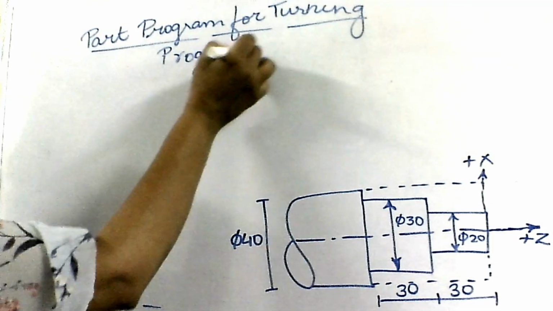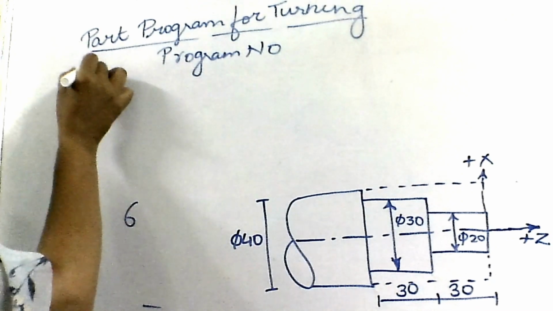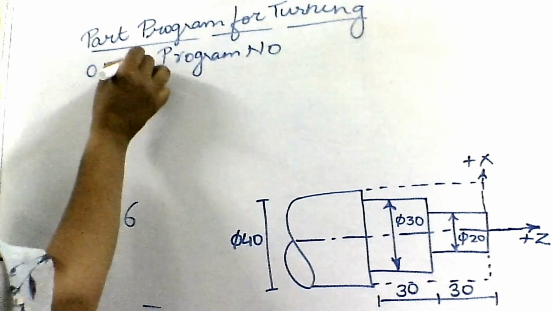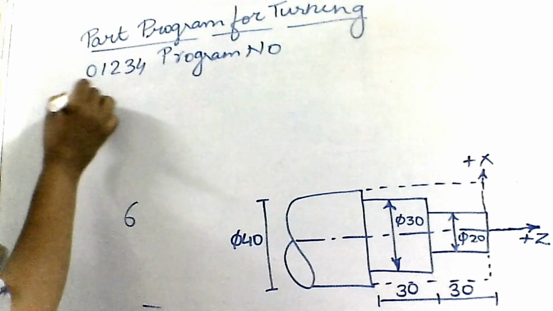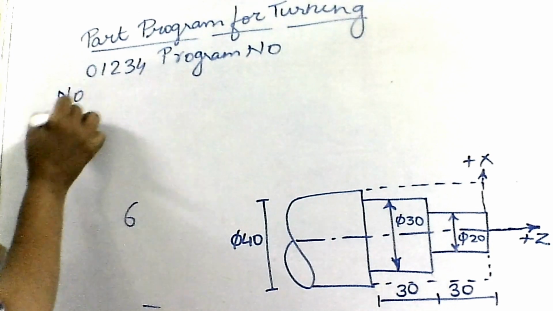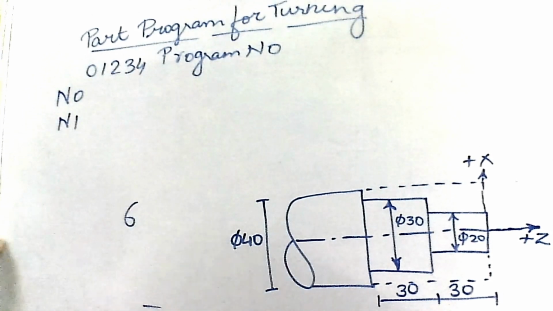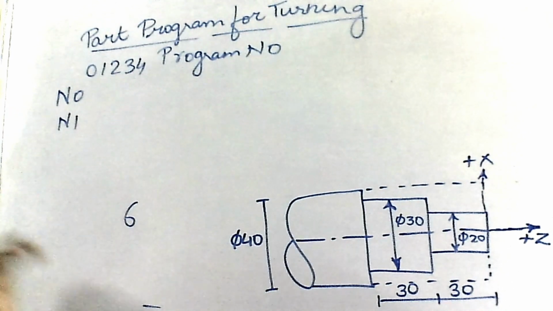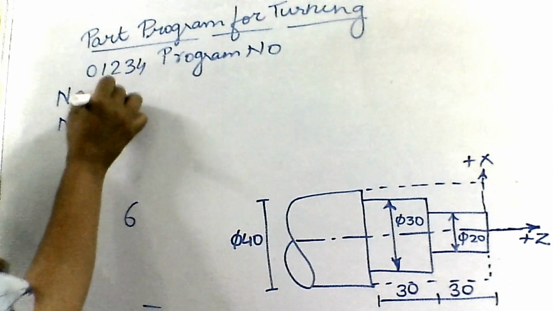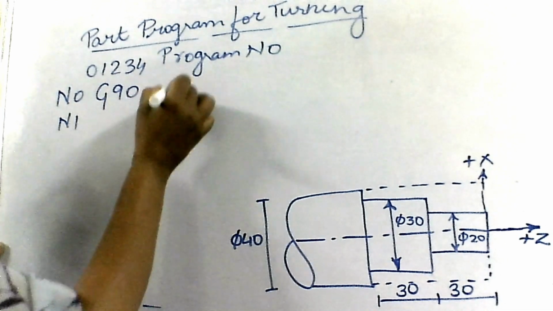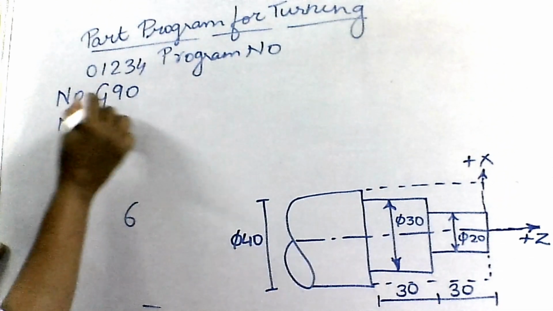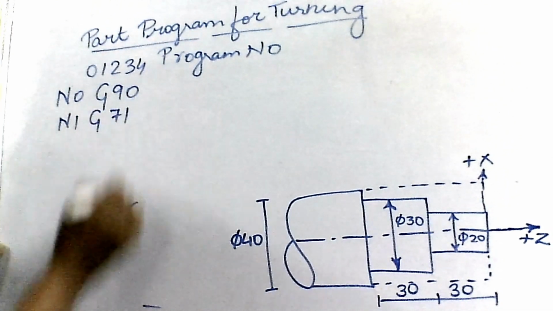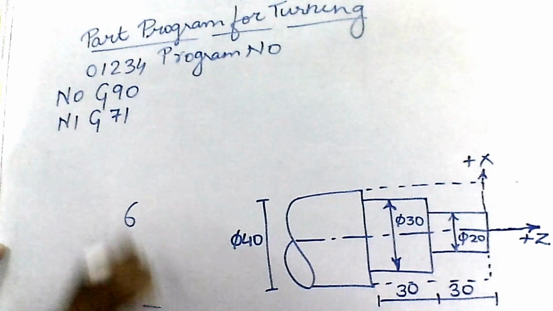The program number is a 5-digit number, any number you can give. After that, we give the sequence number. You can start with 0, 1, 2, 3, 4 and so on, or 11, 12, 13, 14 and so on. Then I use the code G90 which indicates absolute programming. Then it's G71 which indicates metric mode.